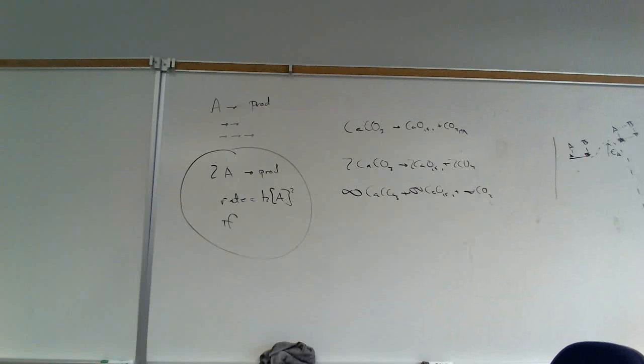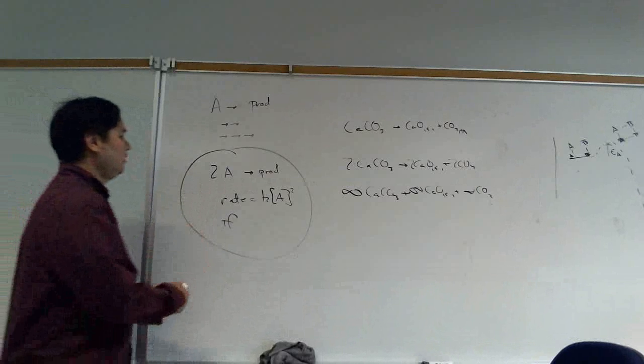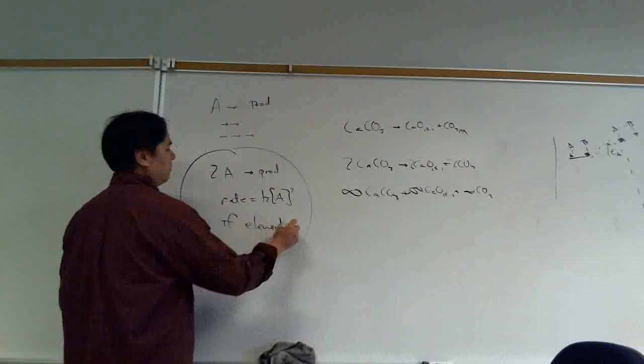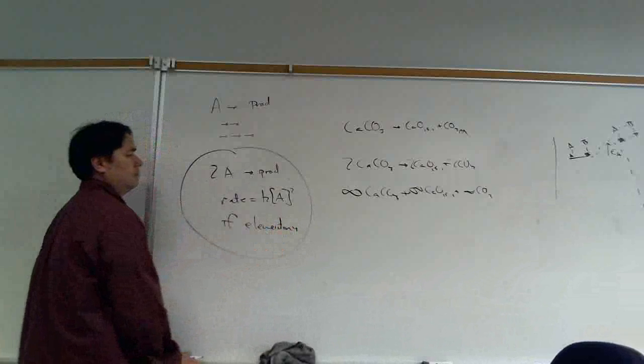No, not if it's fast reversal. What question is this for? Is there a question in there, or just a general question? Just a general question? Okay, how would you know? Okay, if it's elementary. No intermediate.